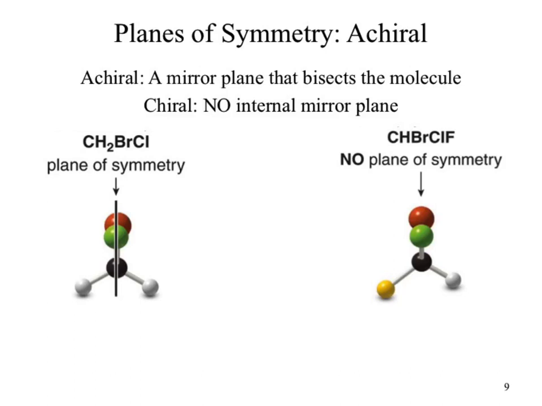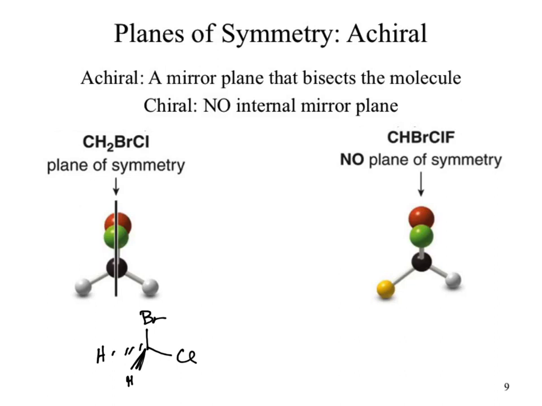If we turn that structure sideways, what we might draw would be something along these lines. It'd be like, well, I don't see a mirror plane. Even if I draw on the hydrogens, we may not actually see that mirror plane, because the mirror plane is not necessarily easy to see in our other orientations of the molecule.